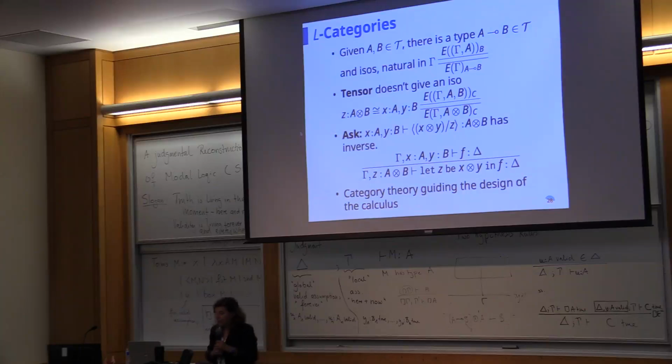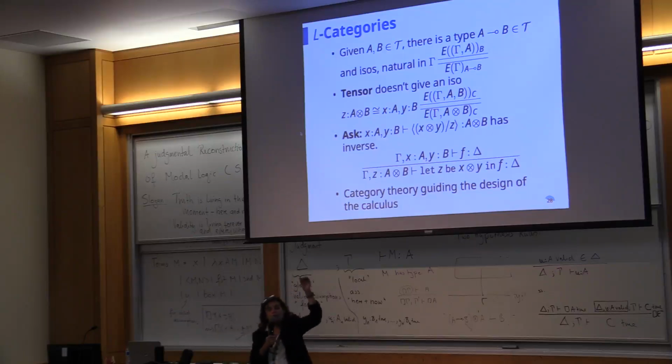But as I was saying, the point is that for the E categories, which are the Cartesian ones, you have the isomorphism that you expected. But for the L categories, which are the linear ones, the tensor does not give you an isomorphism, it just gives you a way of moving from morphisms into A to B, into morphisms into the tensor, and vice versa.